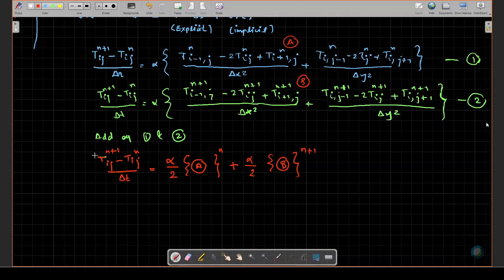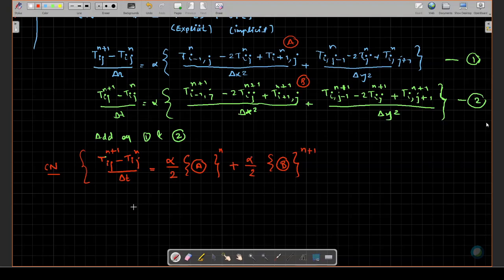Now this is the whole scheme, a discretized form for CN. For CN, Crank Nicolson, this is the discretization. Okay. Now the BCs can be applied in the same manner as you used to do.